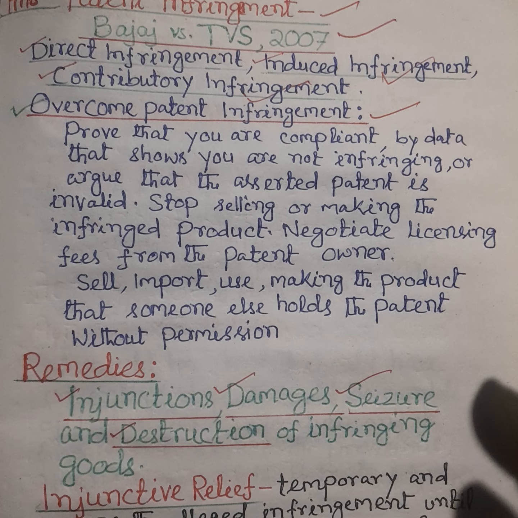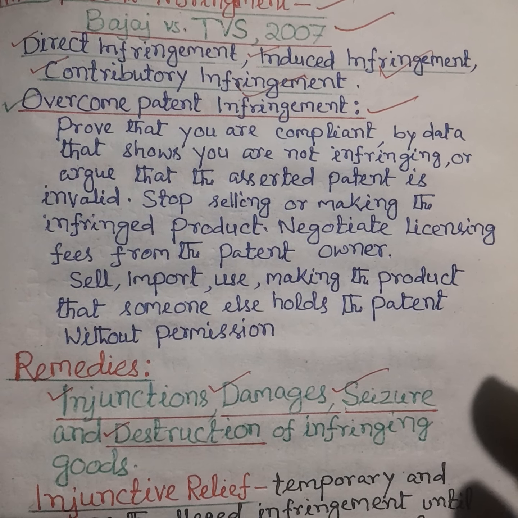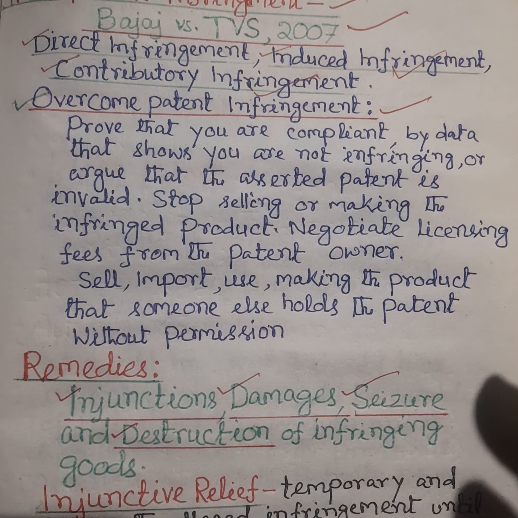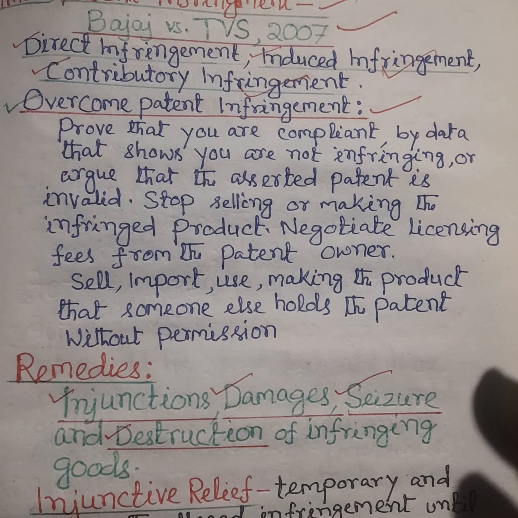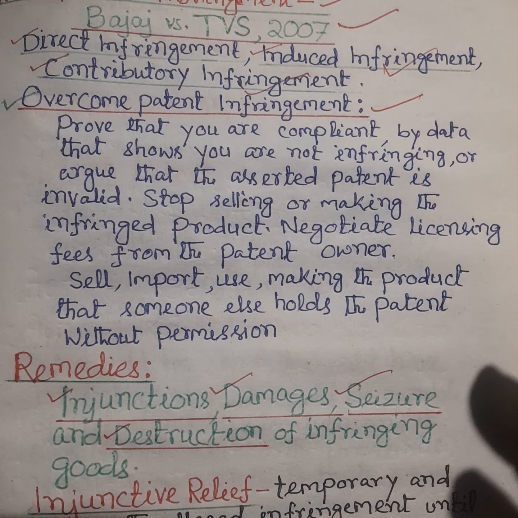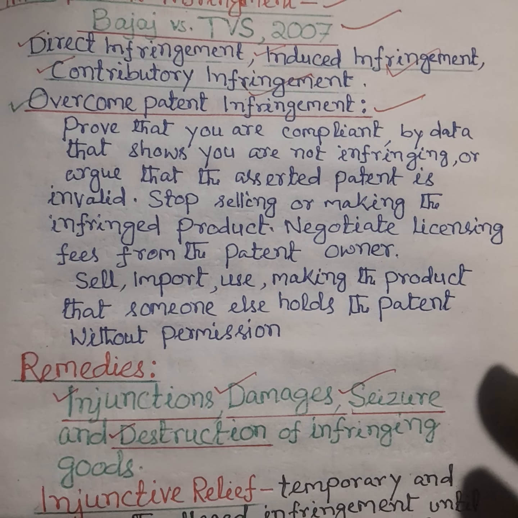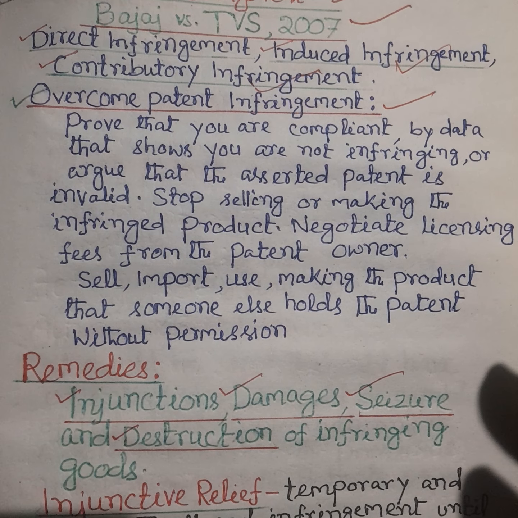Once infringement of patent is established, you can stop selling or making the infringed product. You can also negotiate licensing fees with the patent owner.